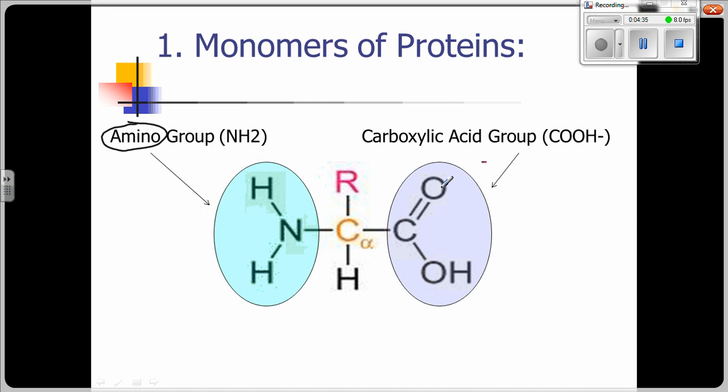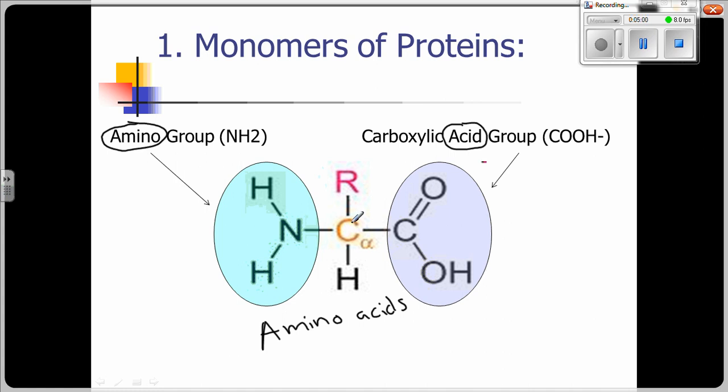And you have your carboxylic acid group, which is where you get the acid part. So your monomers are amino acids. Every amino acid has this NH2, and every amino acid has this COOH.